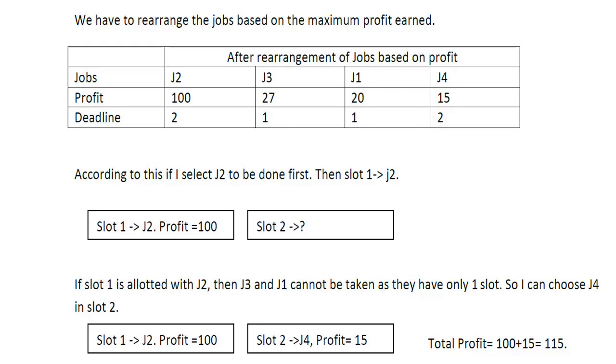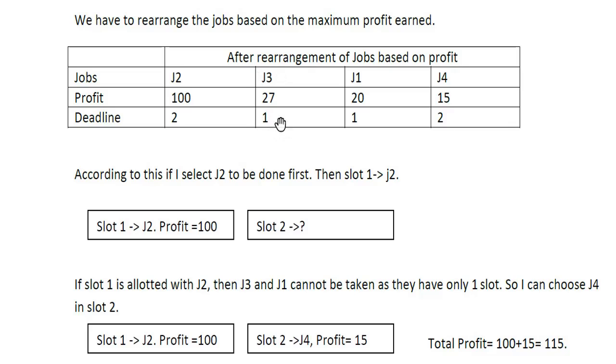So according to this, if I go on choosing job 2 first in slot 1, what is the profit earned? It is 100. Then slot 2 would be next, followed by which job? I cannot take job 3 because slot 1 has already gone and executed.